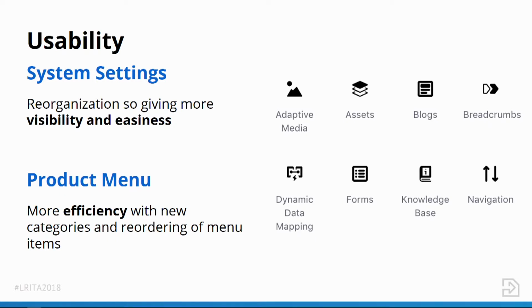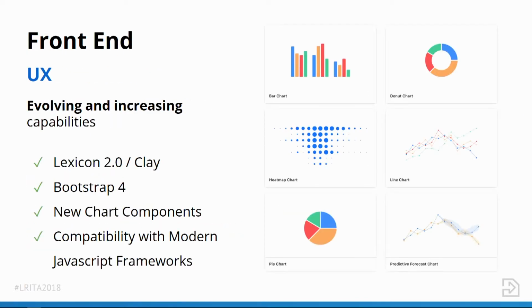Now there are icons, there are categories, so everything is easier. The same with the product menu, okay? You'll see that we've created some new menus for building pages, for maintaining fragments, templates, etc. Again, trying to ease your work, trying to empower the users, also the administrators of the platform.